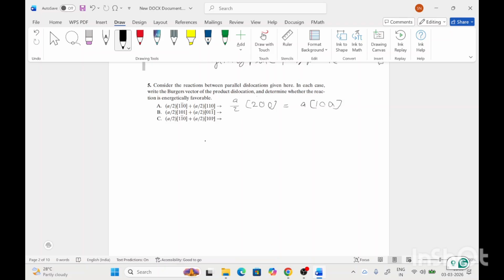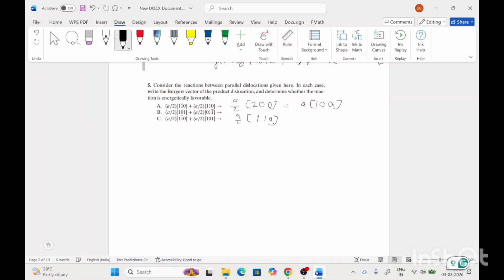And for the second, this is a/2 [1 0 1] plus ... giving [1 1 0].